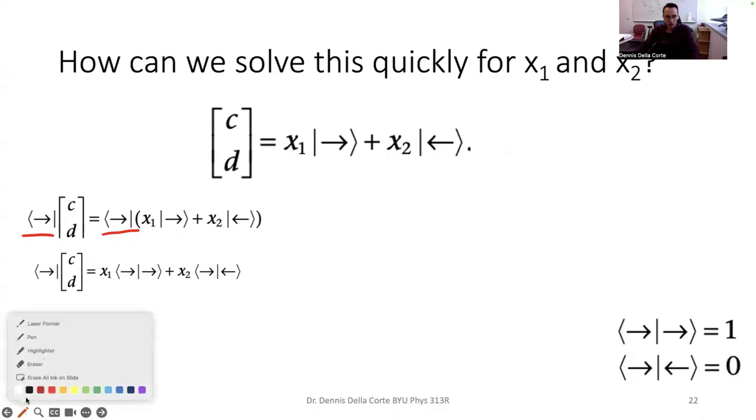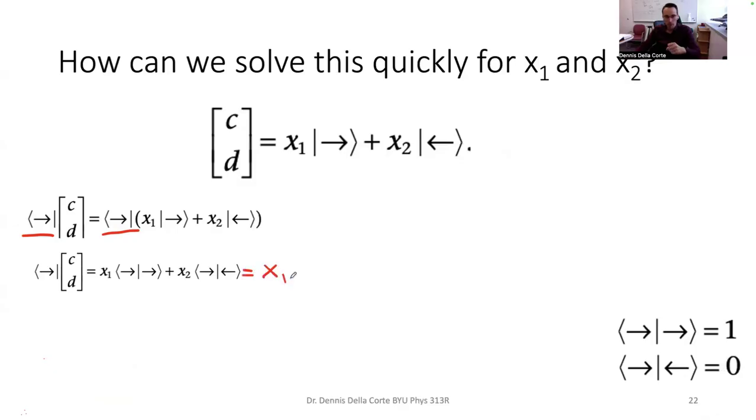So this whole thing simplifies to give you just x1. So you can find the number x1 simply by multiplying the bra version of this ket here on both sides. Nice.